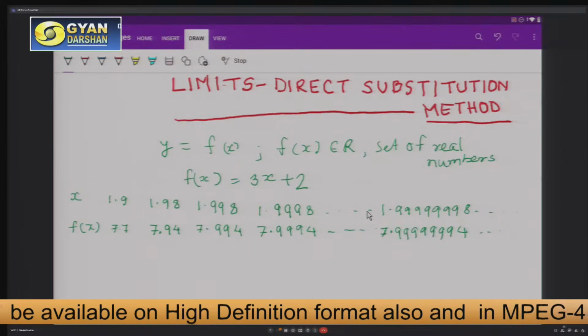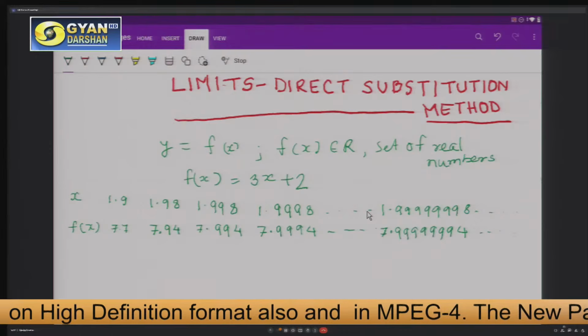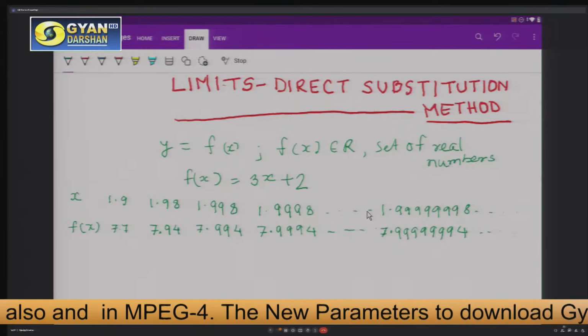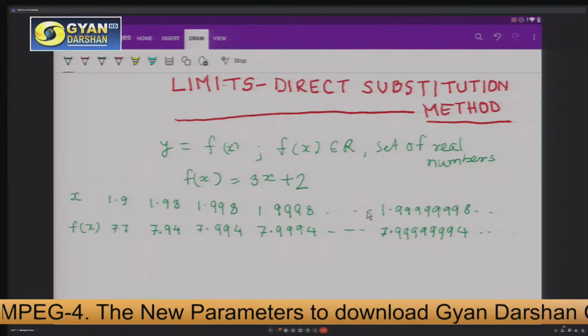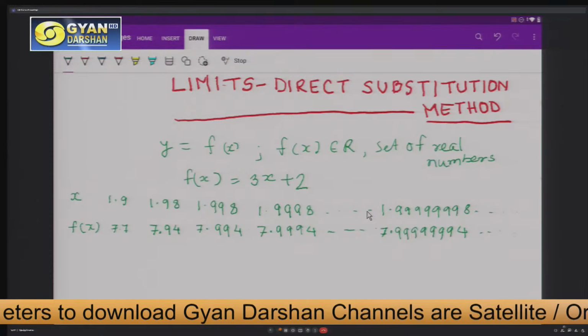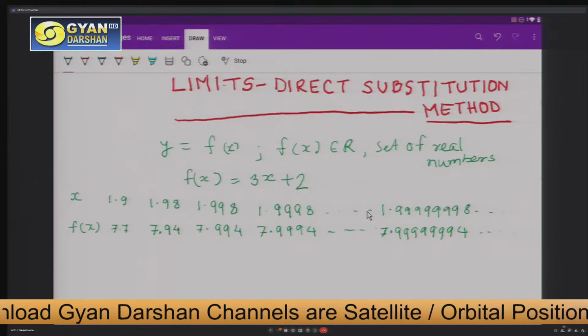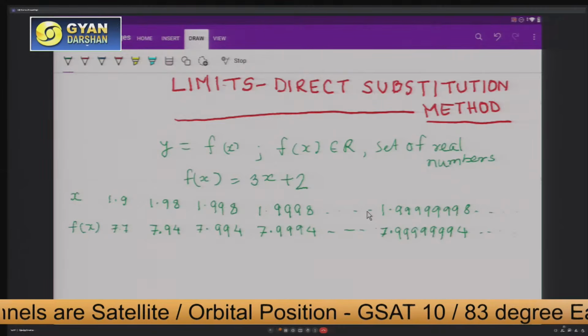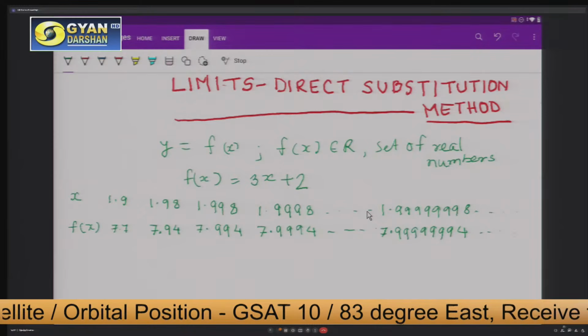You can see that as the value of x is going nearer to 2, 1.98 is nearer to 2 than 1.9, then 1.998 is still nearer to 2 than 1.98, and so on.